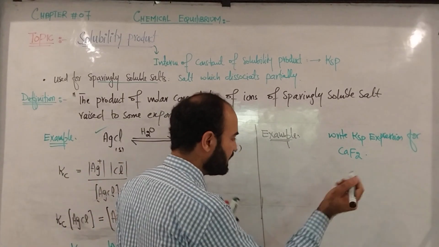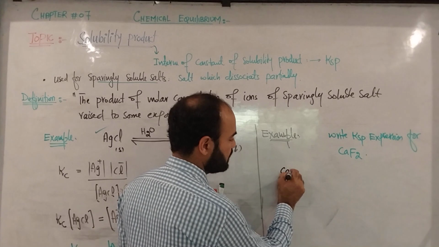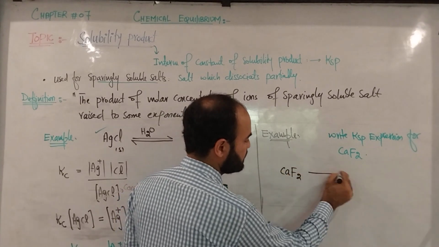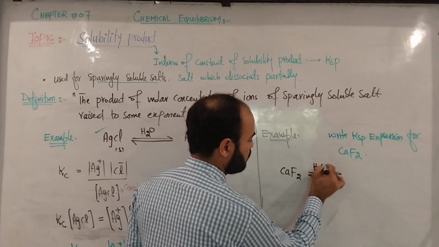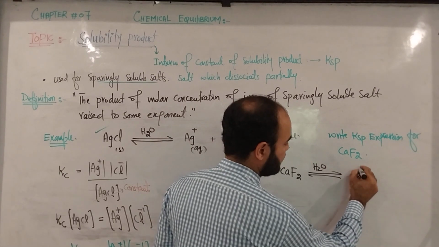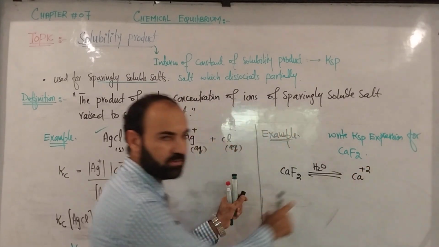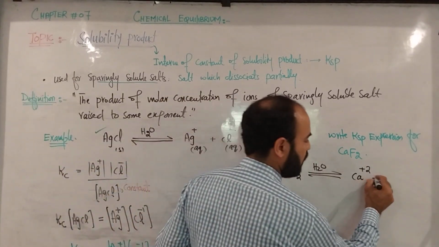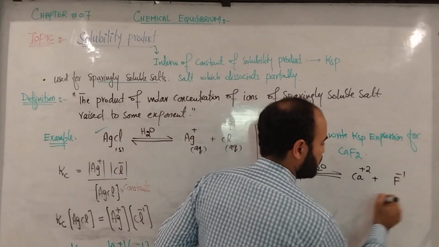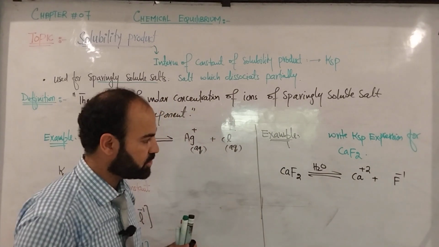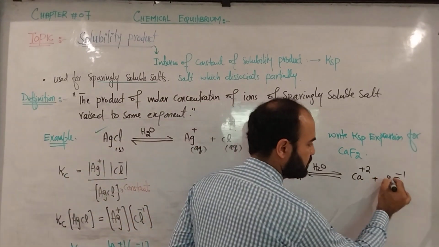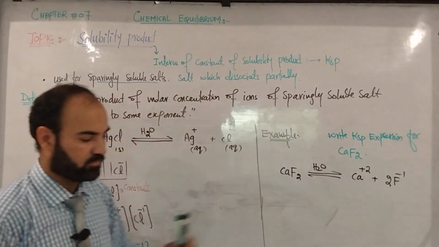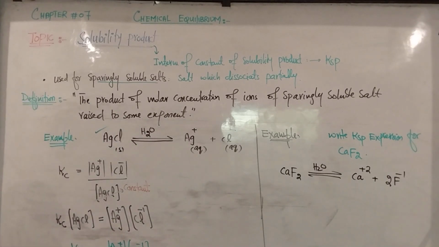Calcium fluoride dissociates in the aqueous medium and forms calcium ion, because the oxidation state of calcium here is +2. It forms fluoride ion, but we want to write a balanced equation, so we will write 2 moles of fluoride ion. Remember that we represent a balanced chemical equation.